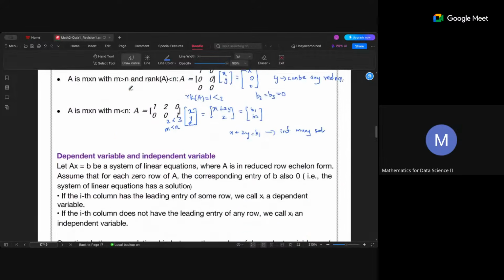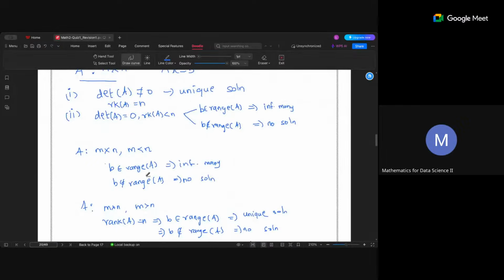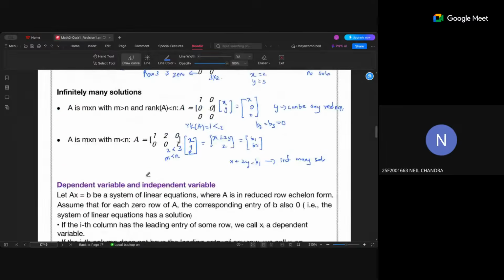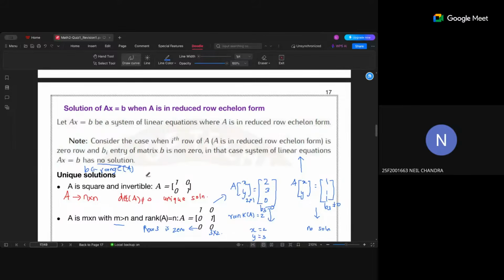At the beginning of the session, you were summarizing only the homogeneous case, right? Yes, that was only for the homogeneous case.